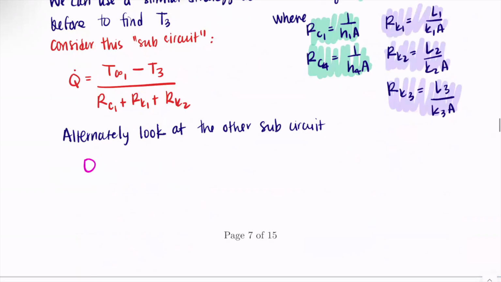All right, and if we were to do that, we would have Q dot is equal to T3 minus T infinity 4 divided by RK3 plus RC4. Okay?